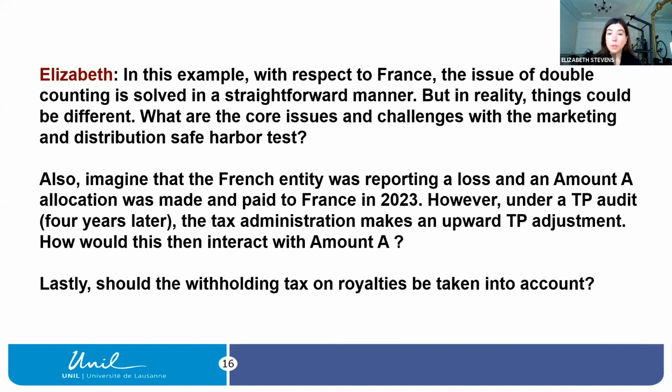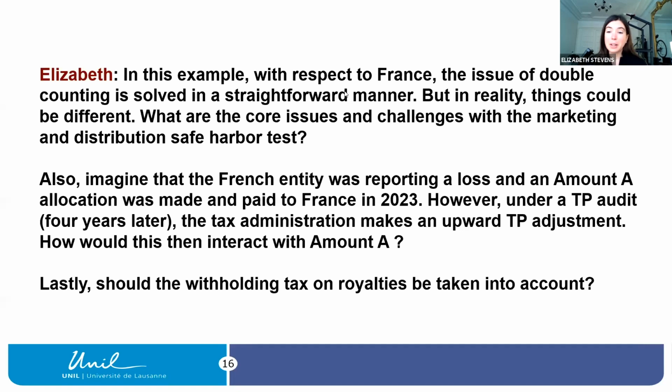So the 2% will need to be aligned with amount B so that this entire system makes some sense, because amount B is intended to be the deemed appropriate return on routine marketing and distribution functions in a jurisdiction. So I think those two need to be coordinated. So those are the two key challenges that I see with the marketing and distribution safe harbor.